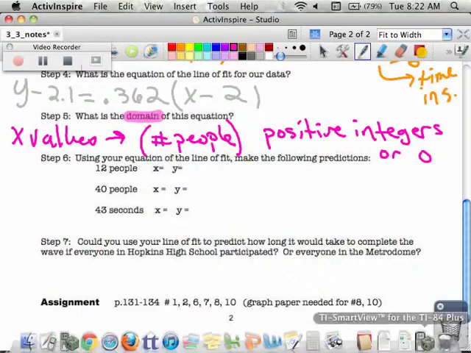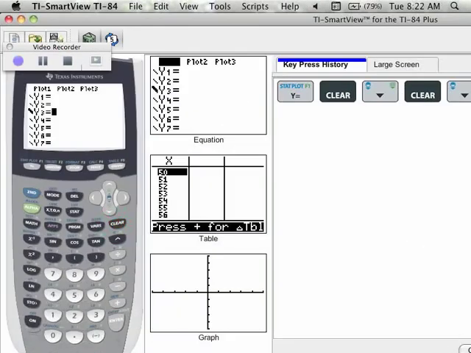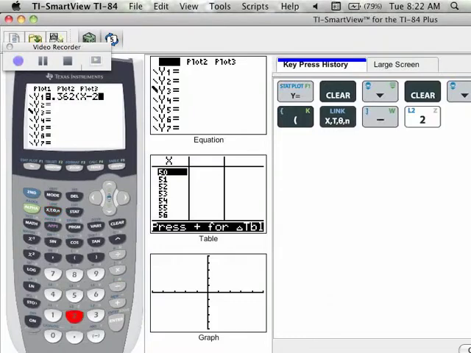So when I go to my calculator, and I want to do my y equals, I have to move that 2.1 that I had there to the right-hand side of the equation. Remember, when you move things across the equation, they change sign. So what I'm going to type in is 0.362, which was my slope, parentheses, x minus, not negative, but minus 2, parentheses, and then I'm going to move that 2.1, which was negative, to the right-hand side of the equation, which will make it positive.